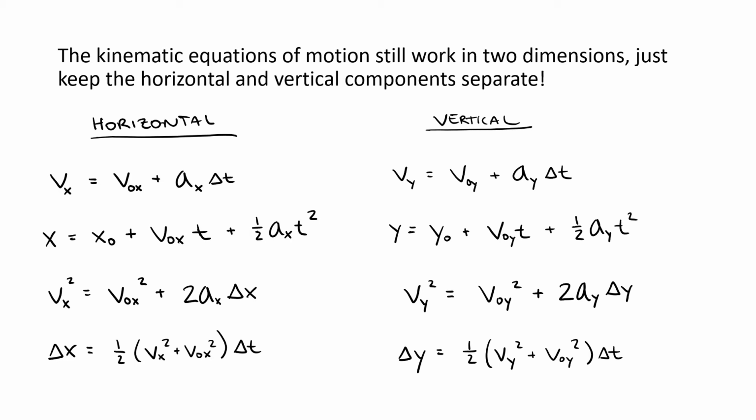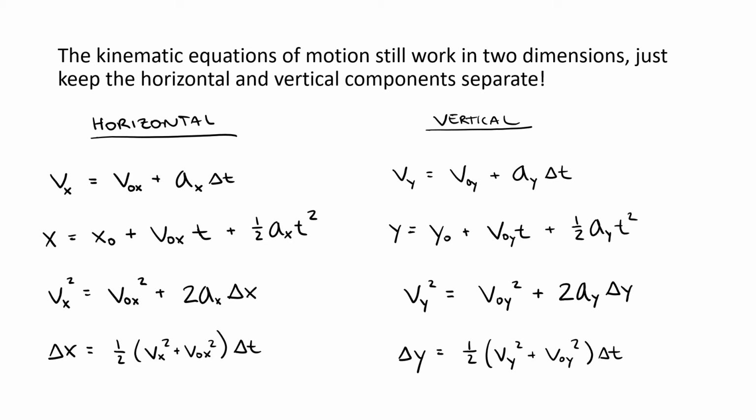Okay, so whenever we want to figure out how far something moves horizontally, we use horizontal kinematics. Whenever we want to figure out how far something moves vertically, or how it interacts with anything vertically, we'll use the vertical kinematic equations.